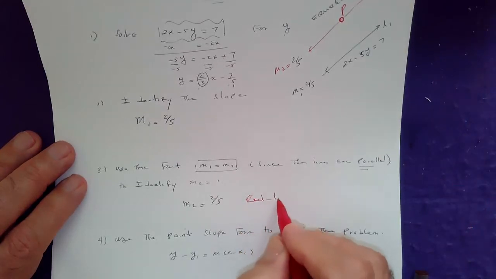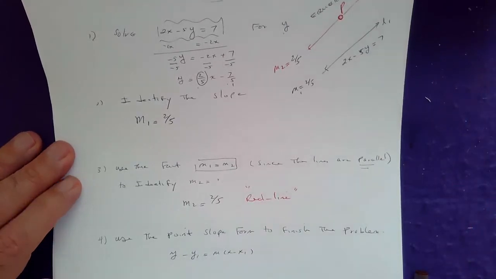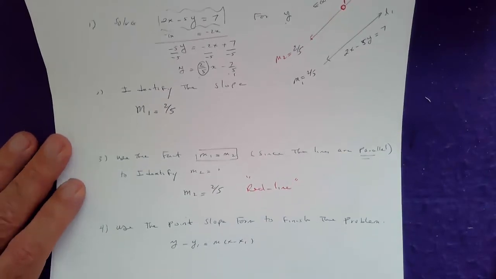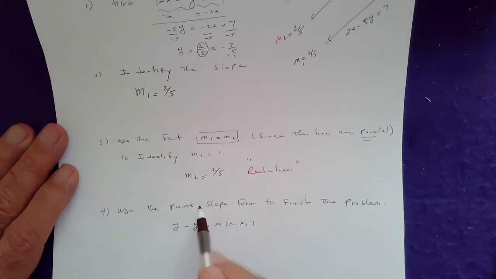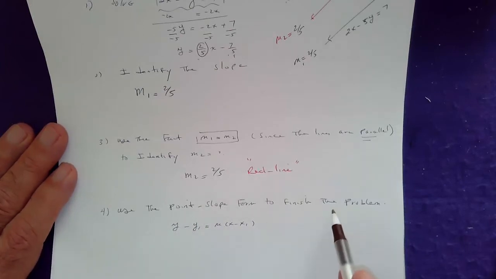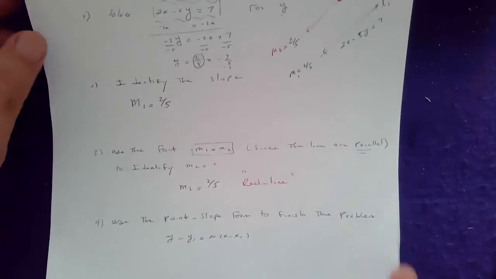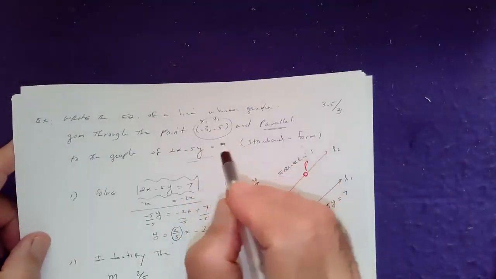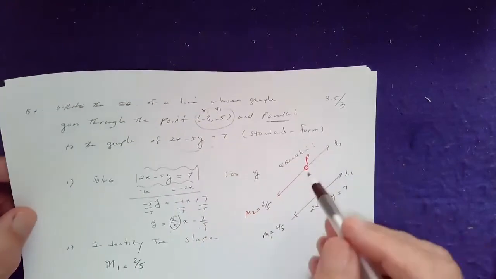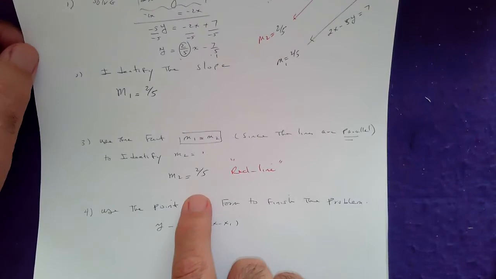So this would be the red line, right? For these kinds of problems, we always, rain or shine, use the point-slope form to finish the problem. So this is your x1, y1, the point on this red line. Here is your slope from step number 3.